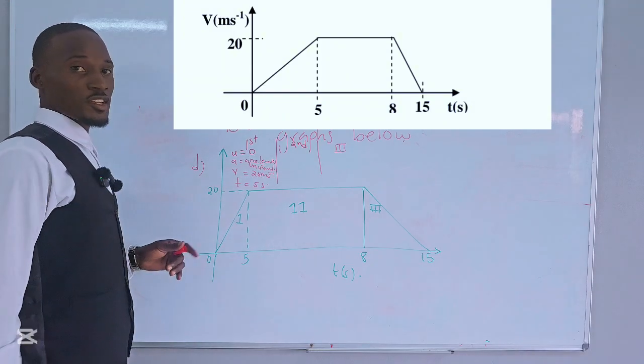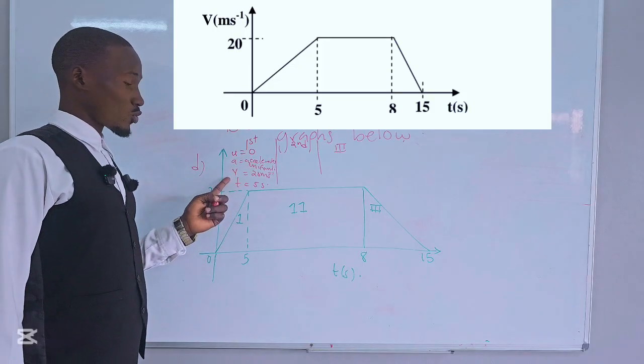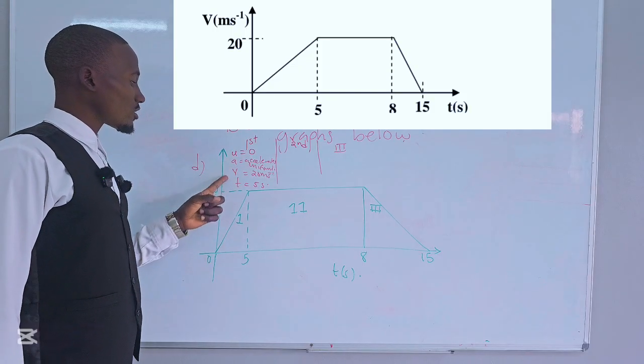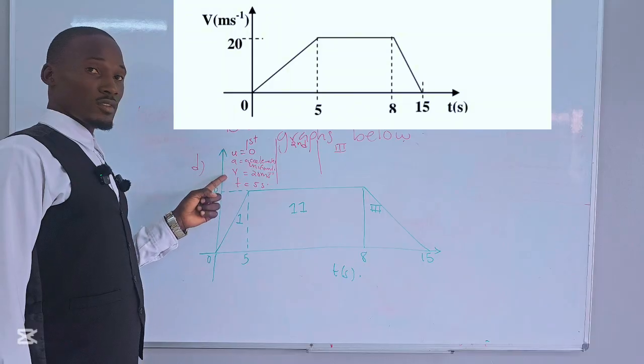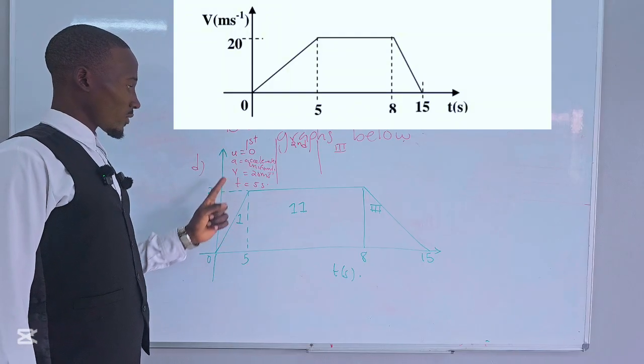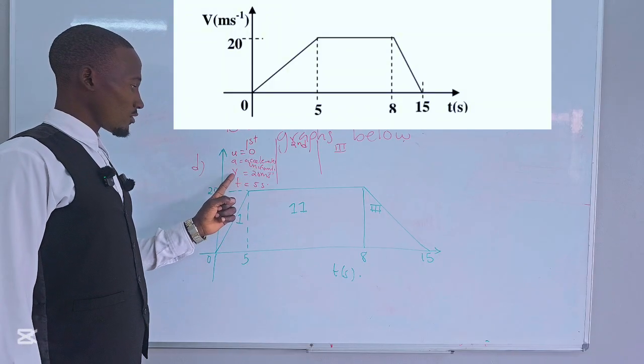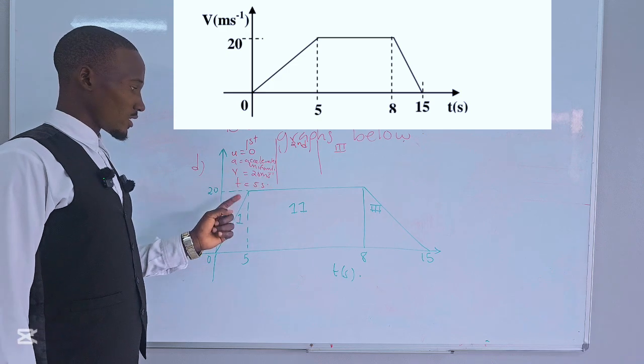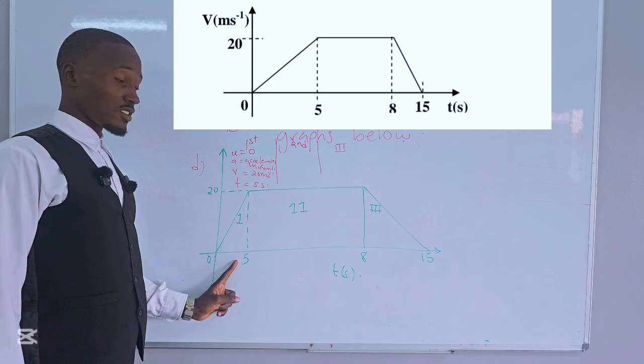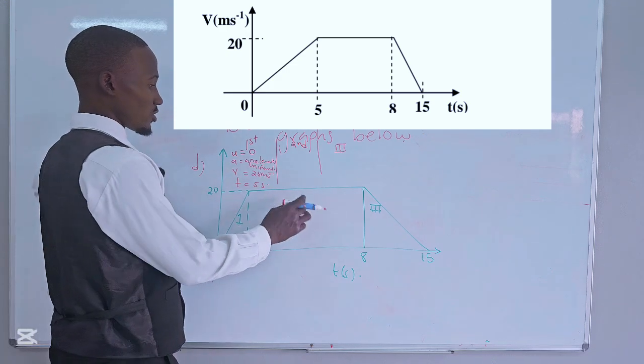So when you're describing part 1, you just have to put these into a paragraph: it starts from rest, it accelerates uniformly to a velocity of 20 meters per second in the first 5 seconds. Let's explain part 2.